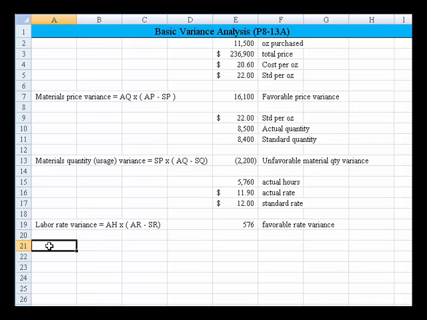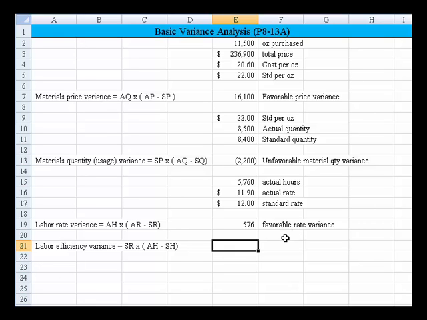Okay, now to do the labor efficiency variance, that would be equal to the standard rate times the actual hours minus the standard hours, right? Okay, so we know the standard rate.